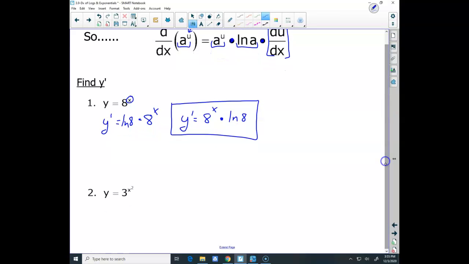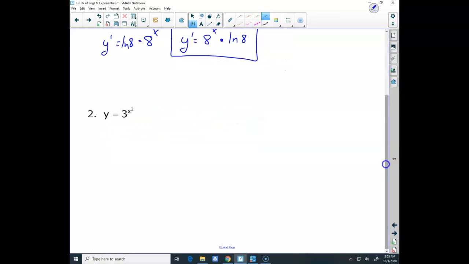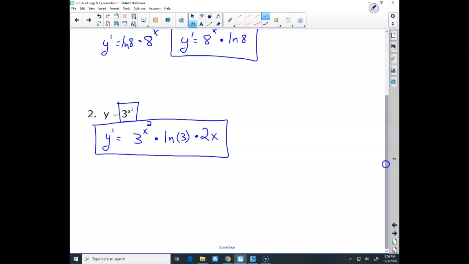Okay? Notice in the next one, there's a skosh more than just an x in there. So y prime is the derivative of any exponential function is the exponential function you're looking at times the ln of its base times the derivative of its exponent. And there's really no way to clean that up.